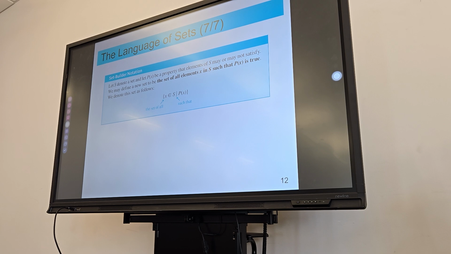We can define the new set as the set of all elements in S such that P of X is true. Note this as follows: curly brace, X is an element of S, bar, pronounced "such that", P of X is true.